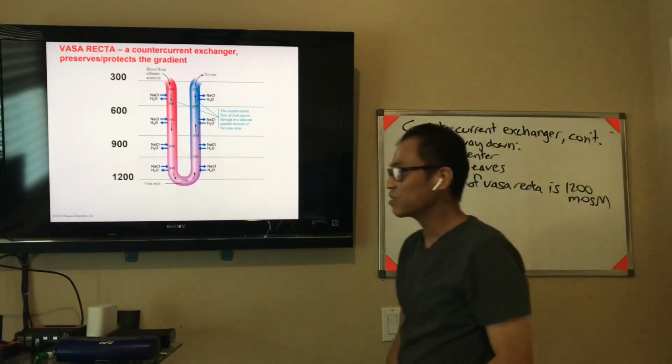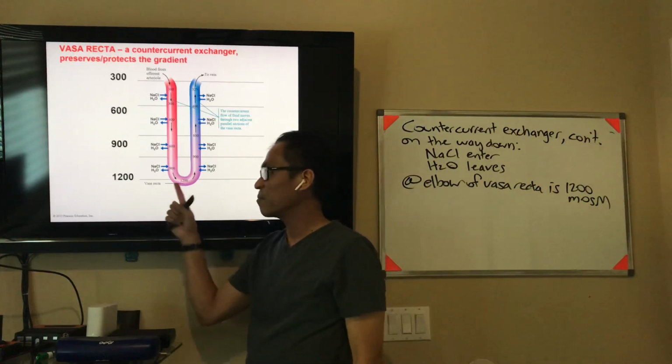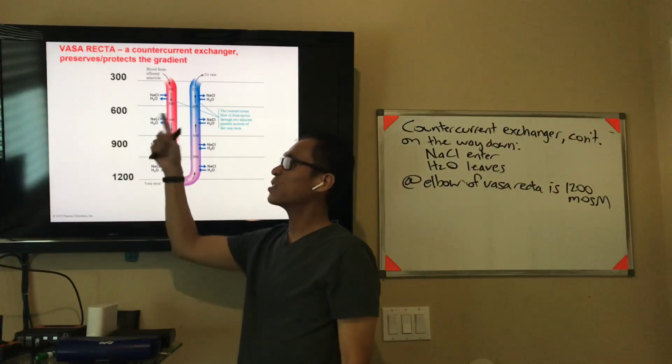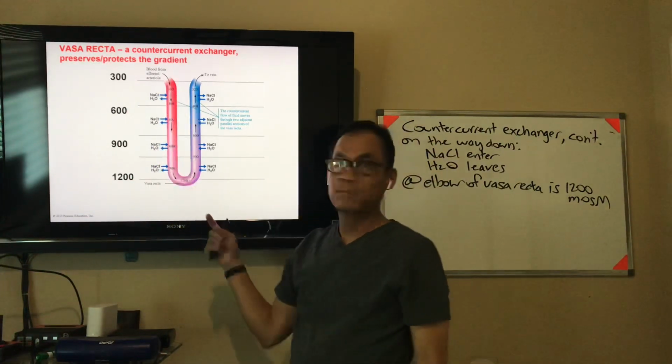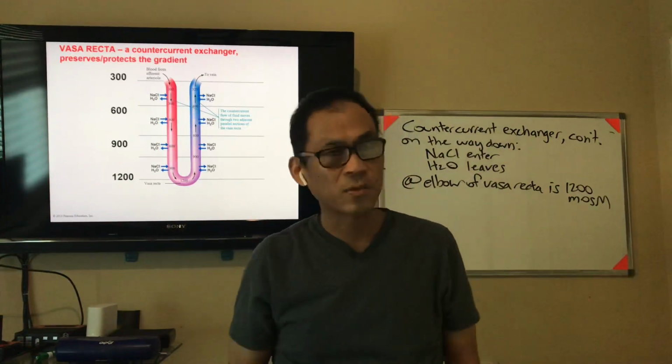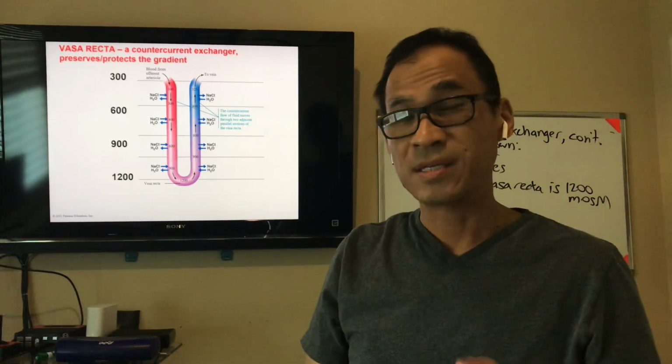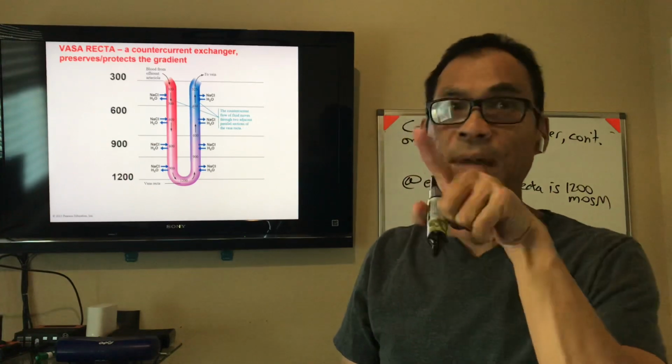Milliosmolarity. It's just matching the environment that it's in by making passive exchanges. It's equilibrating with the environment it's in. That's not so hard to understand. But now, because it's a hairpin loop, it's going to go up and out.